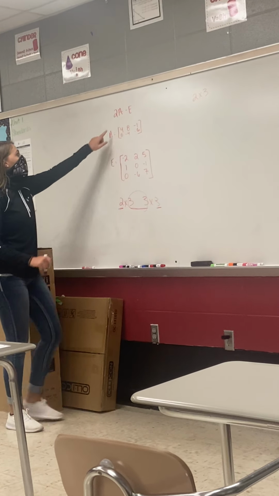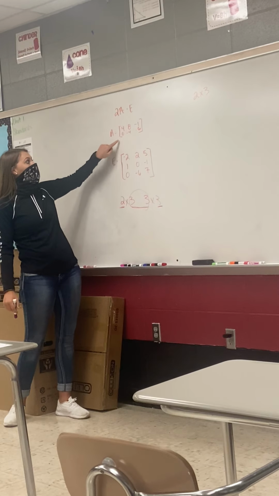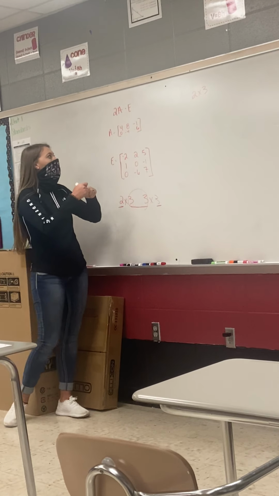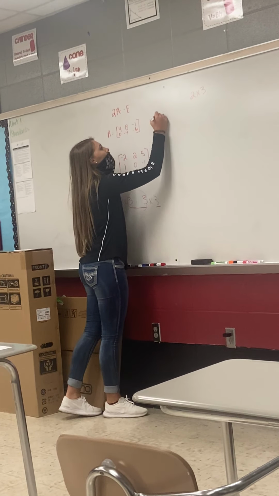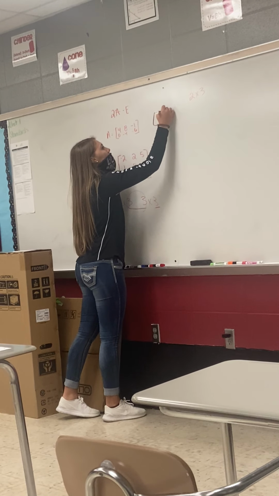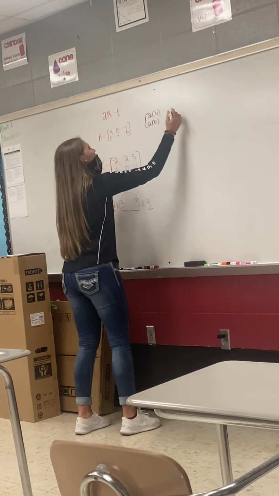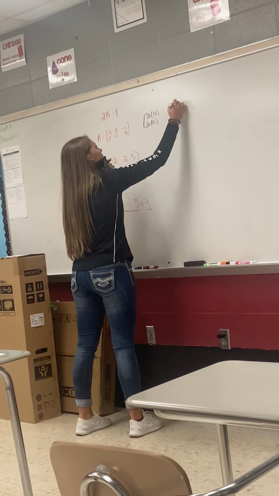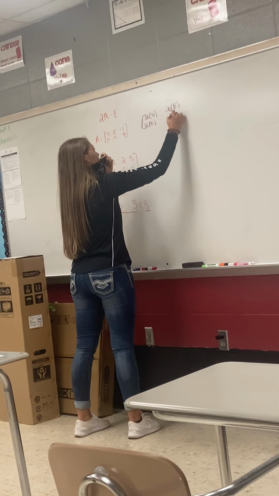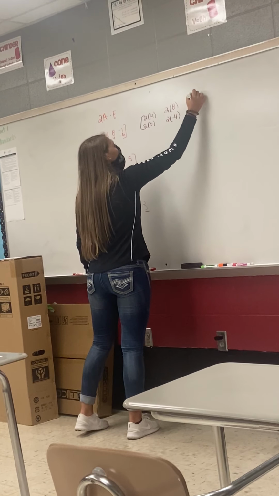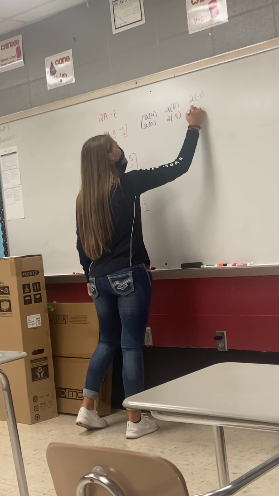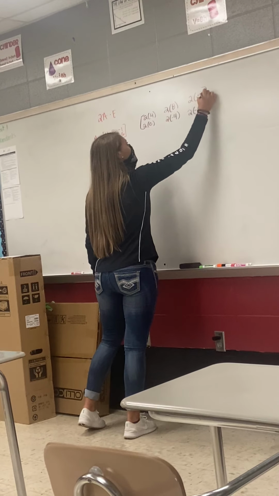If I'm going to have 2a, the first thing I'm going to do is multiply everything inside of a by 2. So we're going to have 2 times 4, 2 times 0, 2 times 8, 2 times negative 4, 2 times negative 1, and 2 times negative 6.